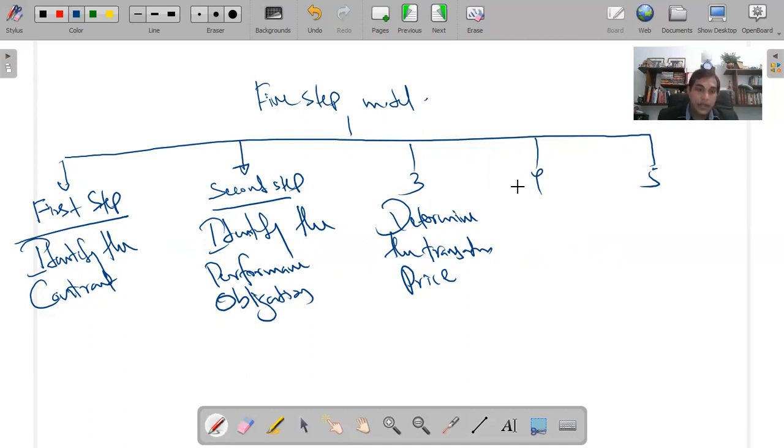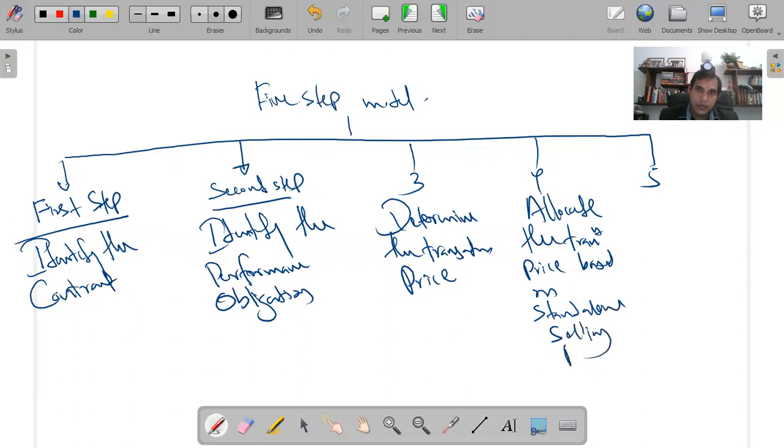Next one, allocate the transaction price based on standalone selling prices. Last one, recognize the revenue. So those are the five steps in the revenue recognition model. If you need, you can write them down.